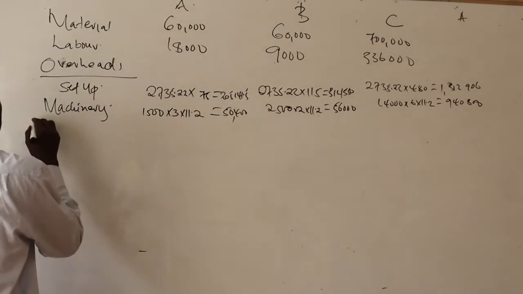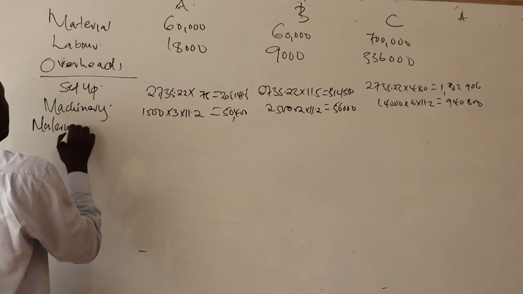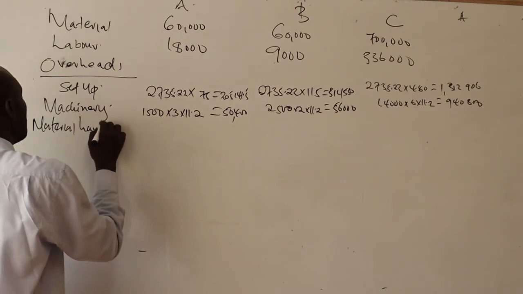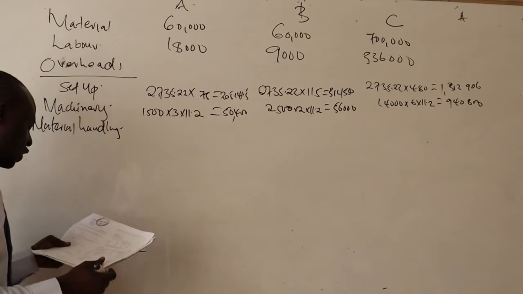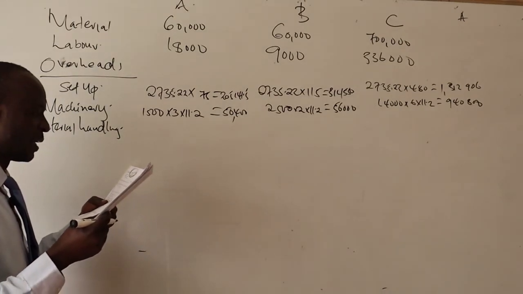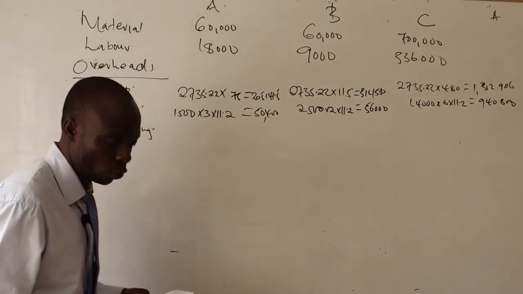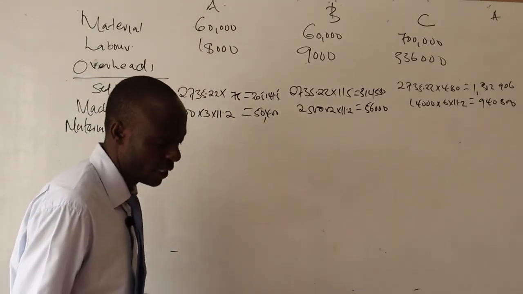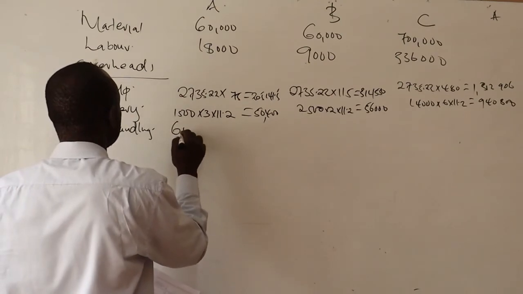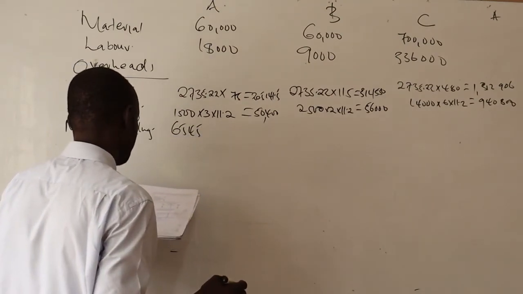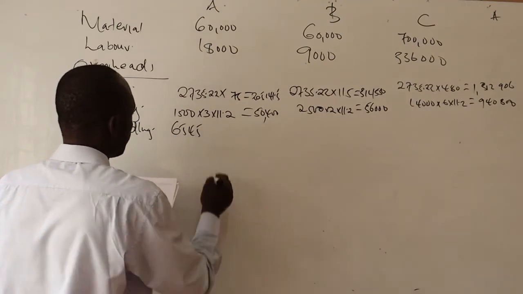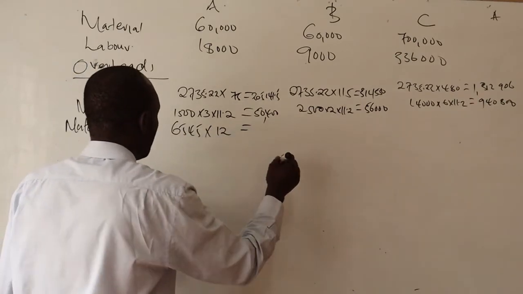Then we have material handling. The rate for material handling was 6545, times the number of material movements. Here we're going to multiply by 12.